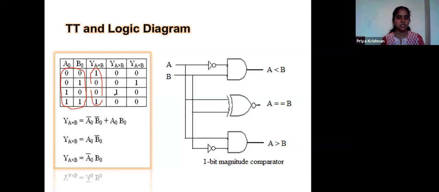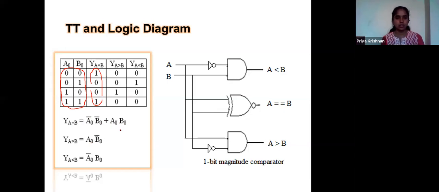And then what is my input? My input is A0, B0 is 0, so you have to write that as B0 bar. If it is 0, you have to mention it as a bar. So A0 B0 bar here. And here, the inputs are 0 and 1, so it is A0 bar and then B0.